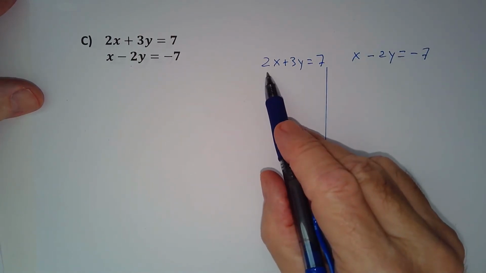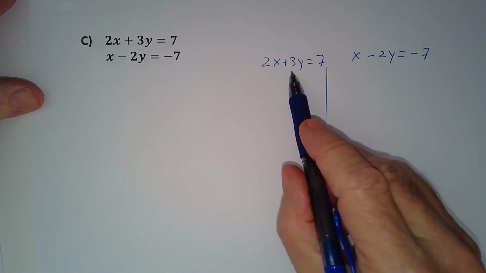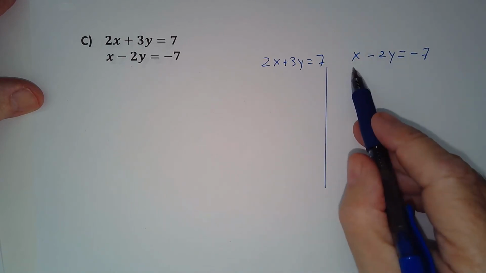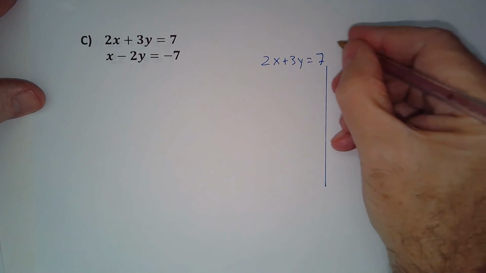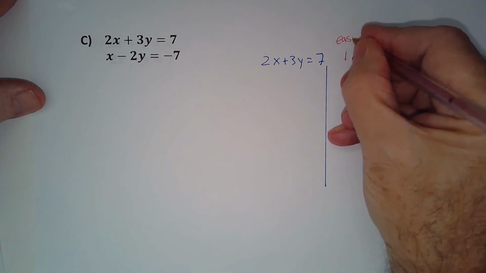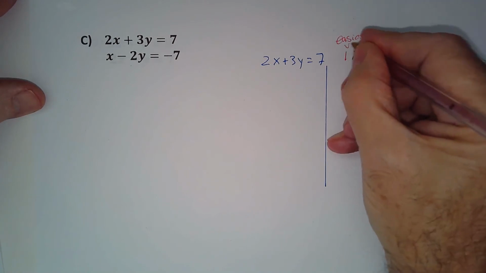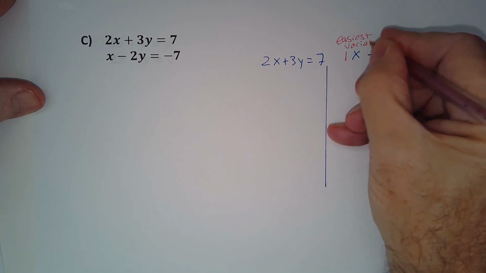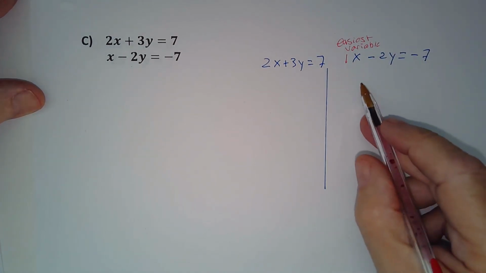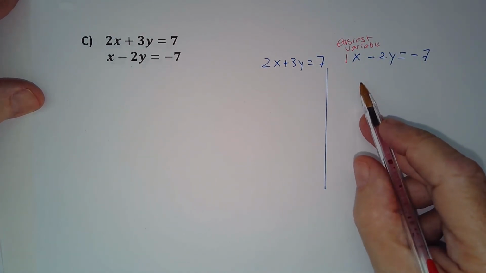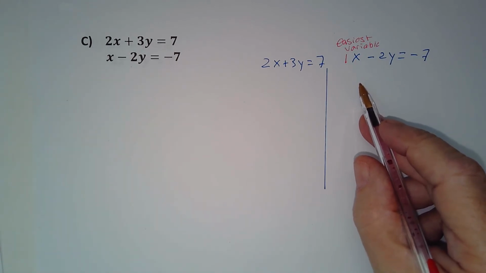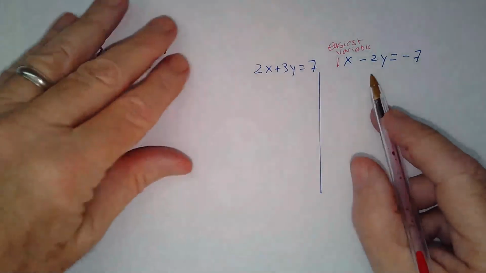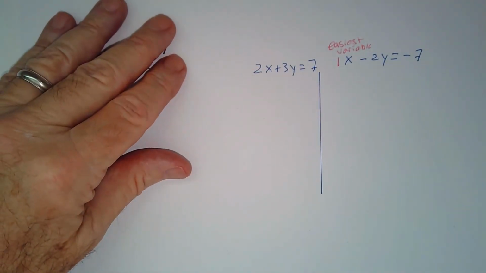I got a 2 in front of this one, not good. It's got a 3 in front of this one, not good. Aha! I've got just one x here. So this is my easiest variable. So I want to start with this one, and so I'm going to go ahead and isolate this x, okay?